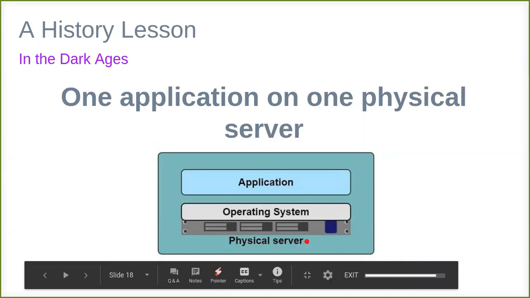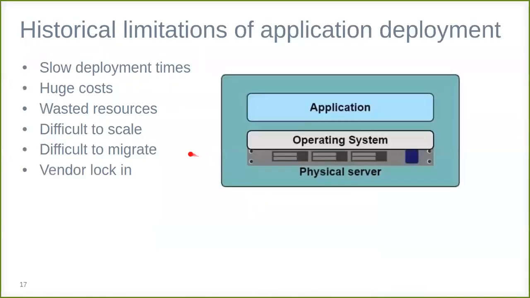So first we have a physical system, that's our hardware. Then the operating system, like Linux or Windows or Mac OS, anything you use. Then we have applications on top of it. There are limitations, because on top of one operating system we cannot have a number of applications running. If we have 10-15 applications running in production on one physical system, it is very difficult to manage.